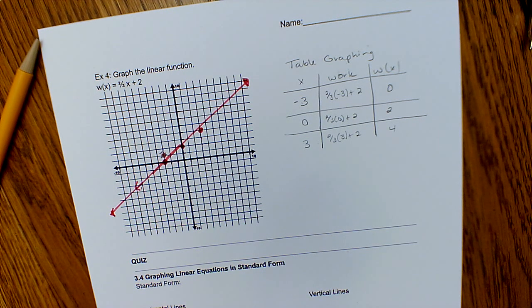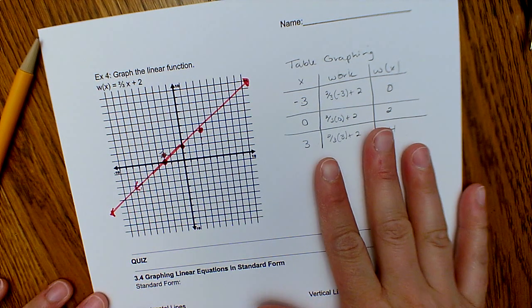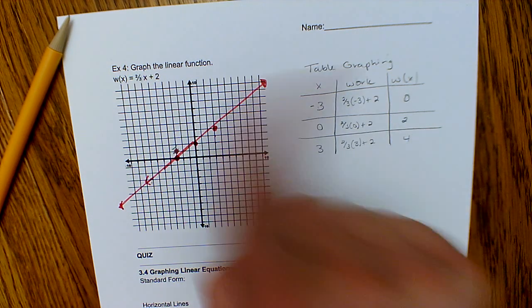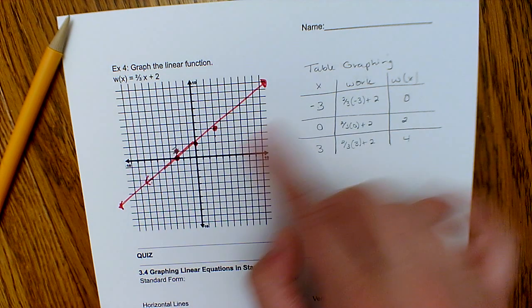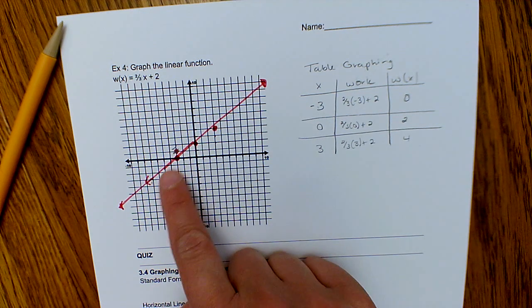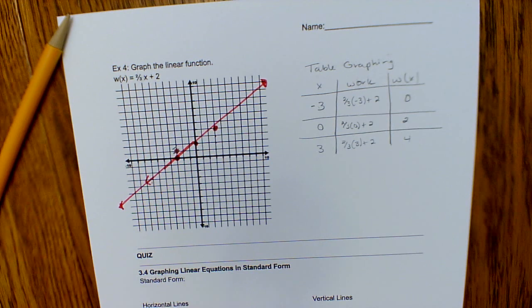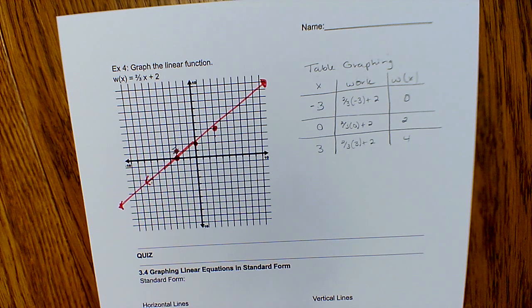So there's my function. All I did was create a table. I have my x value, my work, and I'm just subbing into the function and plotting those points. If you misplot, notice I just corrected mine. Not a big deal, since I did mine in pen.